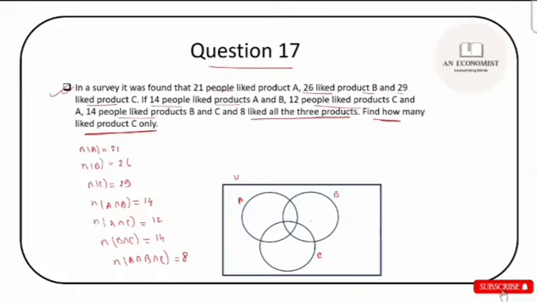So we can say this will be 6, this will be 8, this will be A intersection B, which is 14. This will be then 4. 8 plus 4 is 12, and this will be 6 again, right? And NC is given to be 29. So the entire NC is given to be 29.